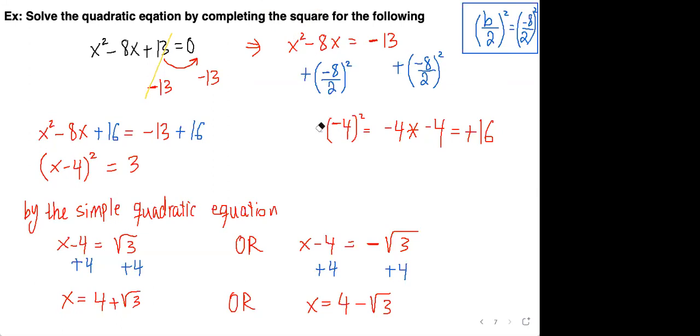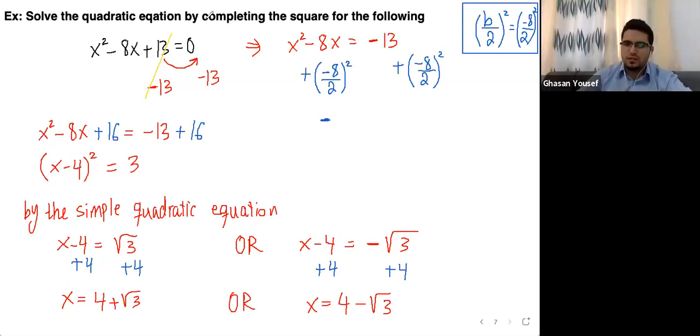When we get questions like this, do we have to do the quadratic formula, or can we just complete the square? If the question asks you to complete the square, you should add this one and solve it by the simple quadratic equation.